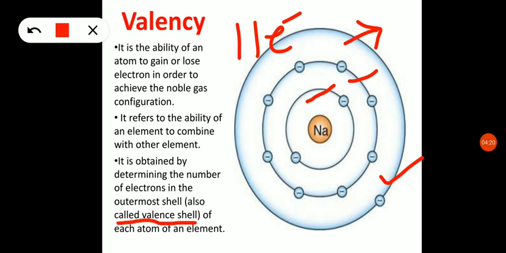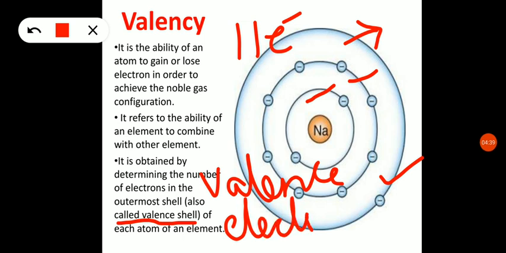This last shell is known as the outermost shell, called the valence shell. In any element the last shell is known as the valence shell, and the electrons present in the valence shell are known as valence electrons. What are valence electrons? The electrons present in the valence shell are called valence electrons.